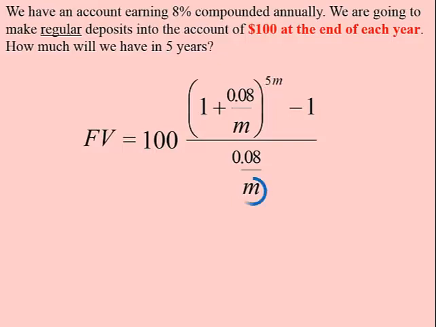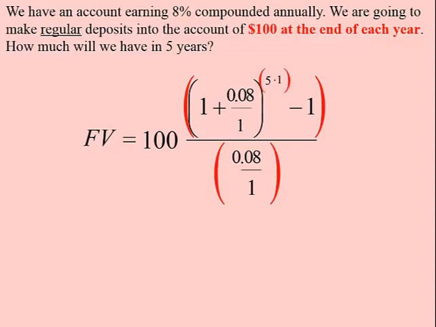The method of compounding, notice the M is in 3 different spots. And the compounding is annually, so the M is a 1. Now, much of this we could do in our head, but I want to show you how to type the entire thing with the appropriate parentheses. Look at where I've put parentheses.